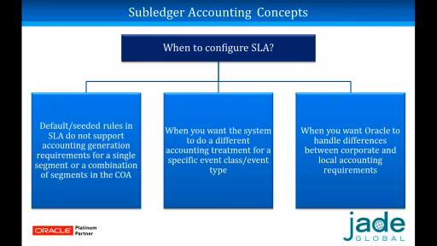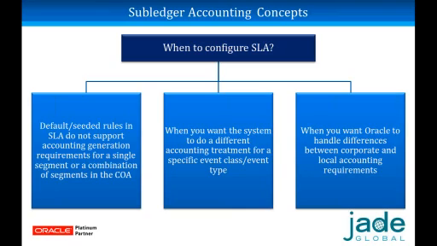Now let's talk about when you can leverage SLA standard functionality through standard configuration. So when do you need to configure SLA? First, when the seeded rules in SLA do not support your accounting generation requirements for a single segment or a combination of segments in the chart of accounts, then you can consider SLA, just like our solution in our case study.